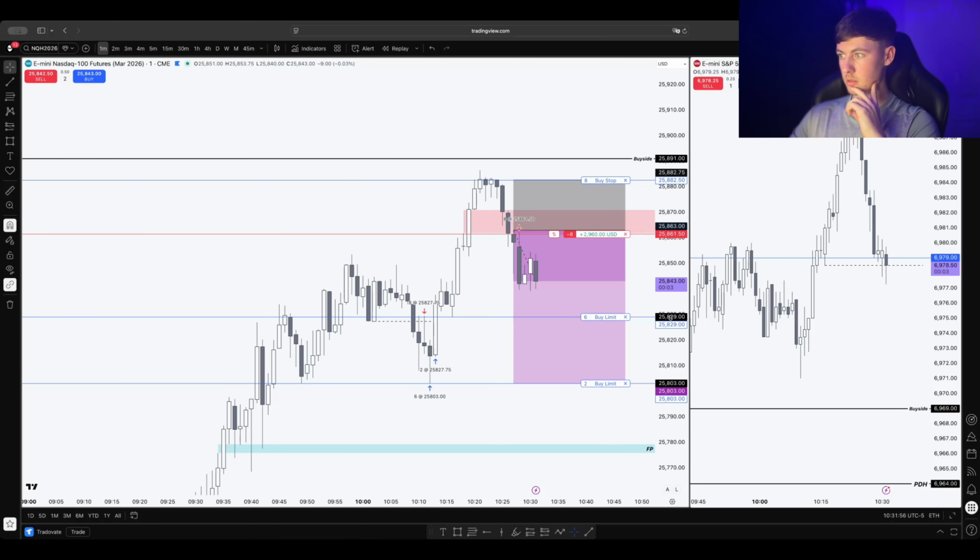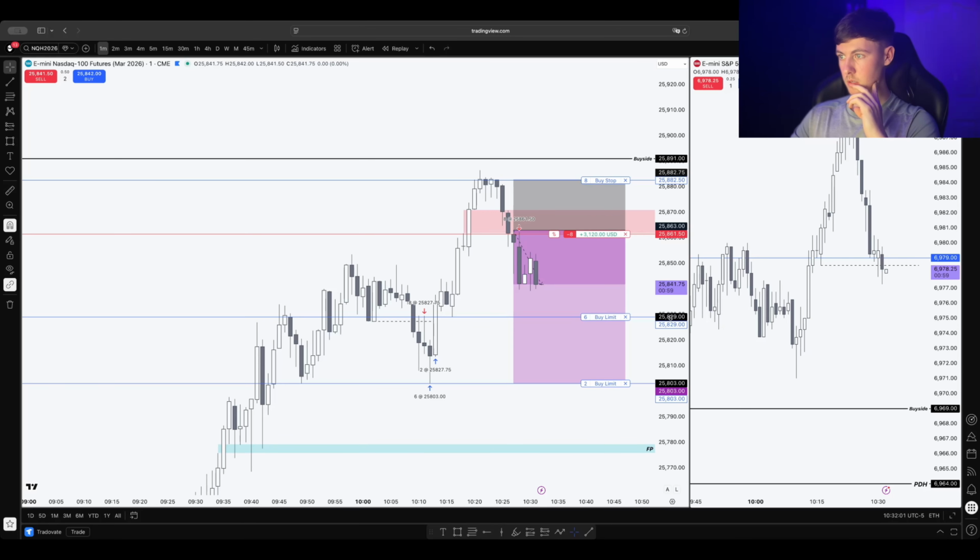Okay, so let's see. Not good enough. I want to see more of a displacement below these up close candles. So I'm going to hold on to the position, hold stop loss where it is at the moment.